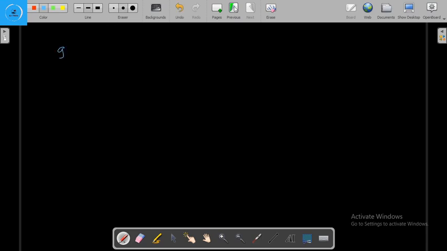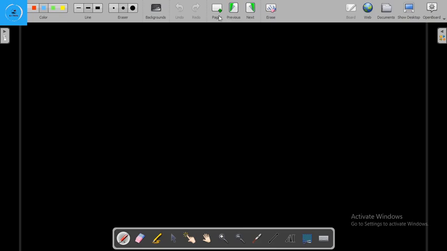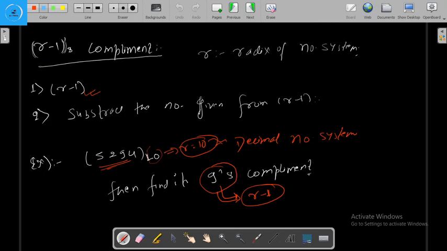So first write 9, four times: 1, 2, 3 and 4. Then subtract the given number 5294 from it.